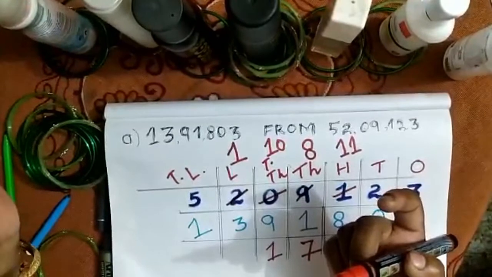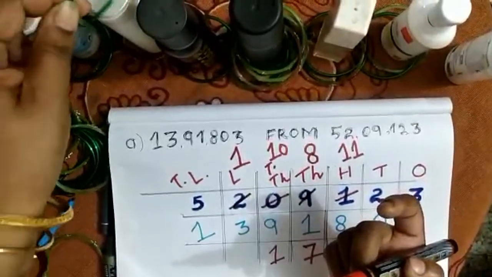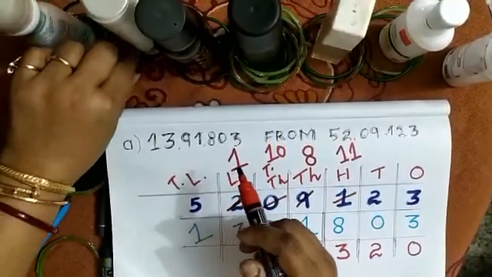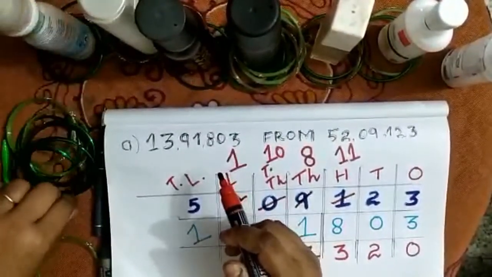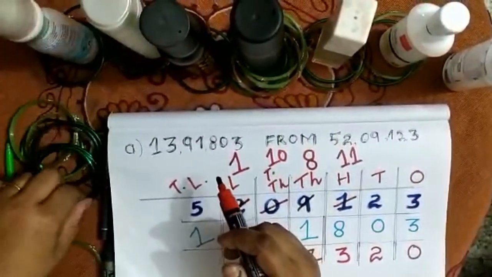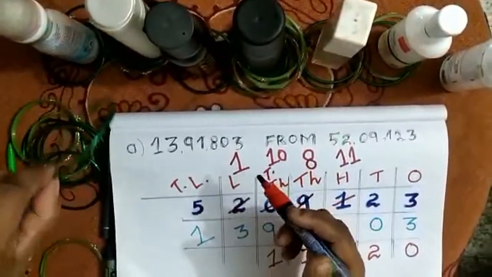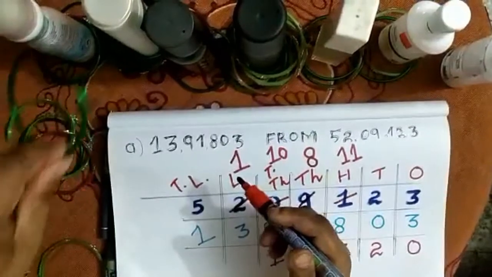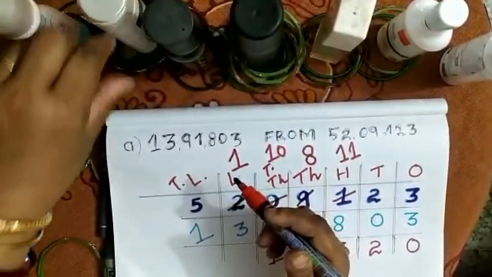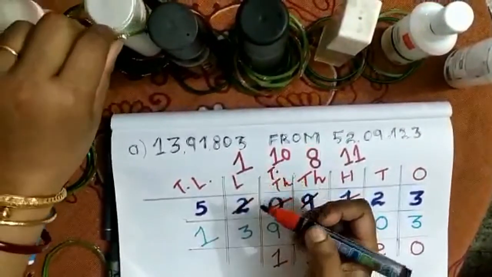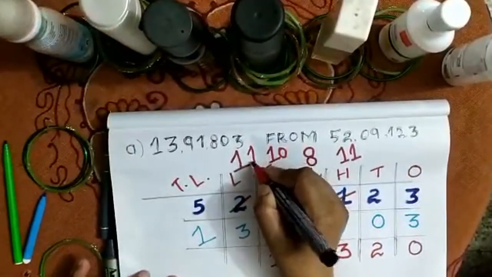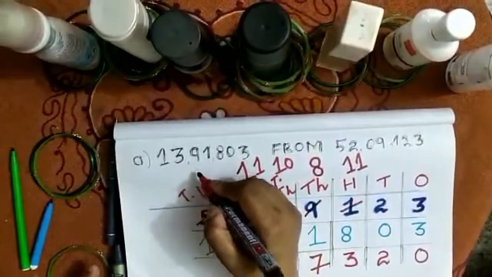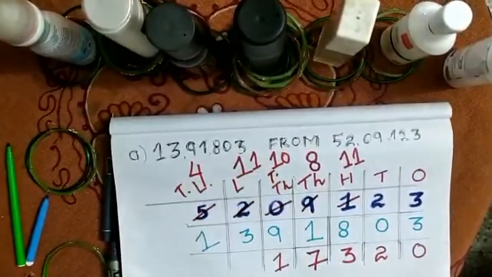So this 10 lakh will go into the lakhs column, and then I am adding 10 to 1. Now it becomes 11 lakhs, and this 5 10 lakh will be reduced to 4 10 lakhs.